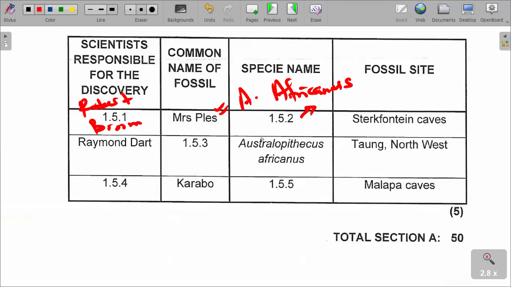And then the question: the name of the fossil that was discovered by Raymond Dart. If you look at that again, you discover that he discovered the Taung Child.